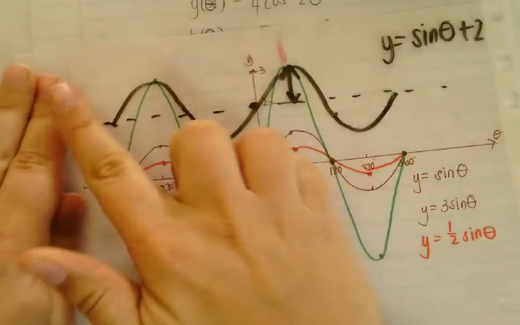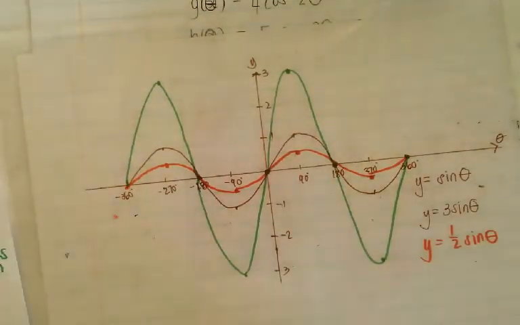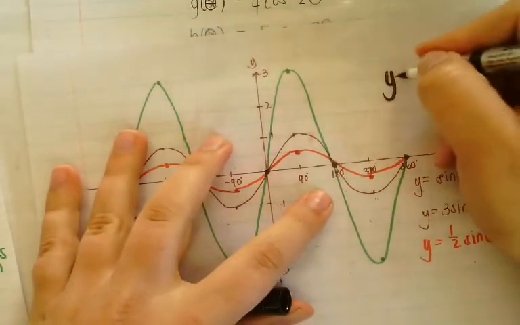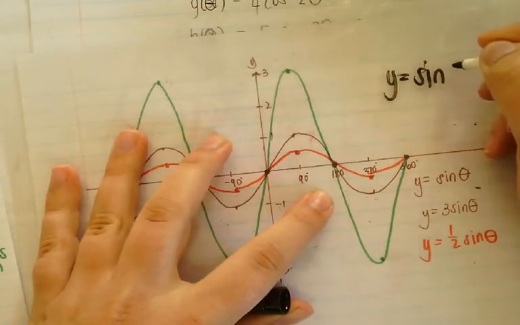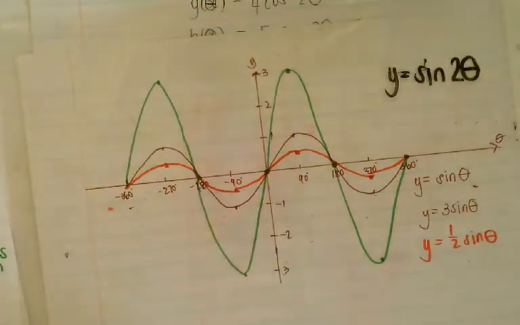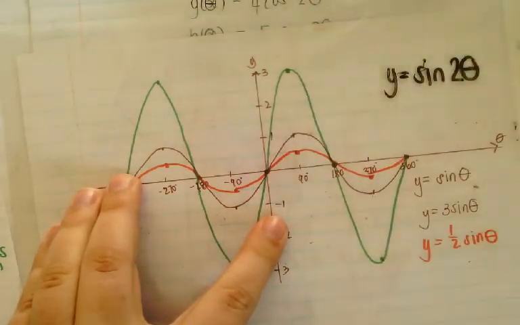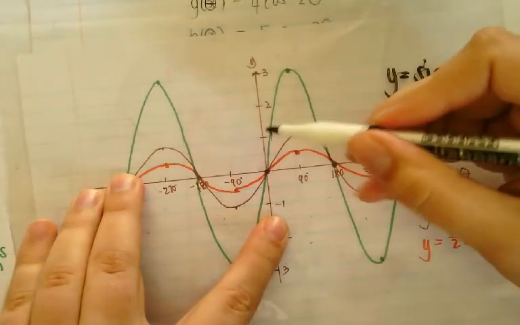So for instance, if I took the same mother graph and called it y equals sine 2 theta, that means my period is 180 because 360 divided by 2 is 180. My amplitude is still 1, and the period means it starts repeating every 180 degrees. So taking your mother graph, I'm going to squash it, which obviously I can't do visually, but this is what it would look like.